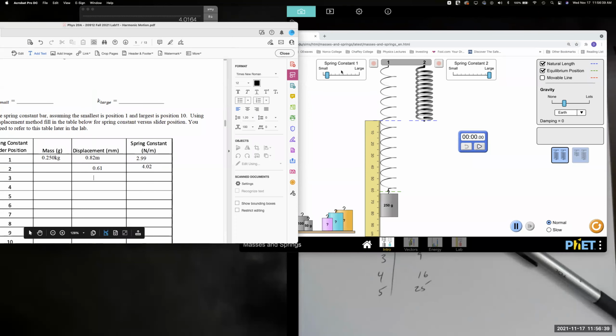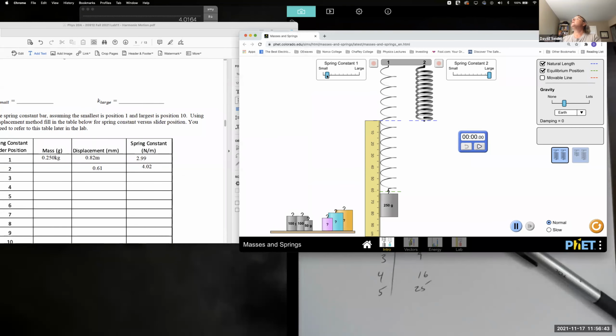So you're calibrating this. If I go to position 2, 3, 4, 5, 6, 7. Position 7 looks to be about 30. I can't quite read that. Looks like about 32.